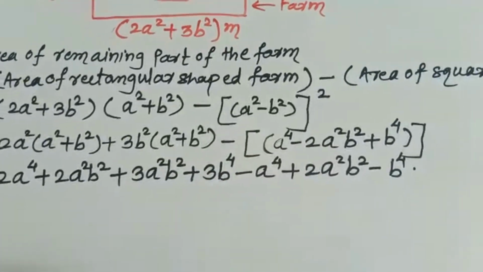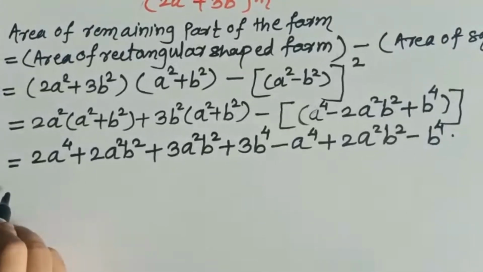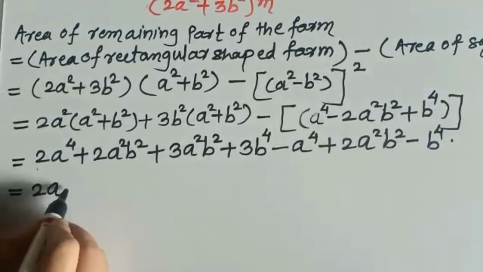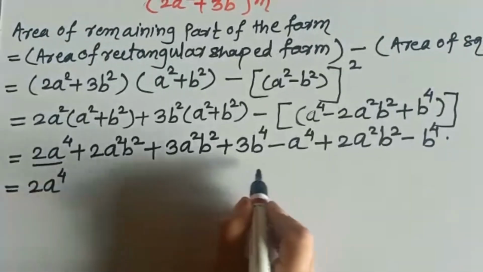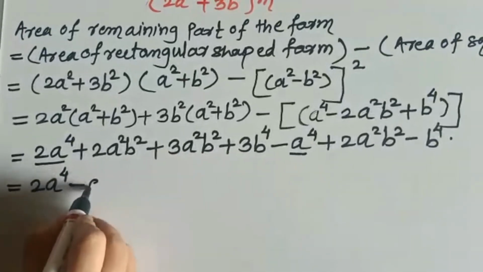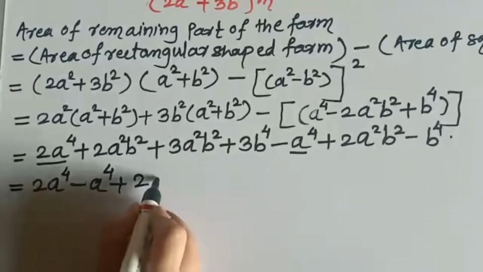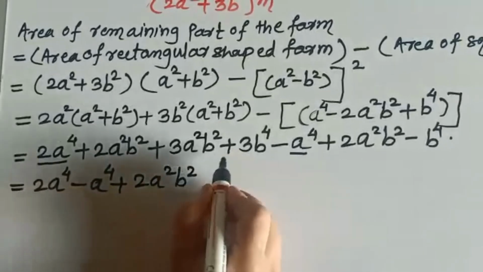Understood? Now we will arrange the like terms together. For this 2a raised to 4, which one is the like term? Here minus 1a raised to 4, so we will arrange it together. Then for this next term 2a square b square, what is the other like term?